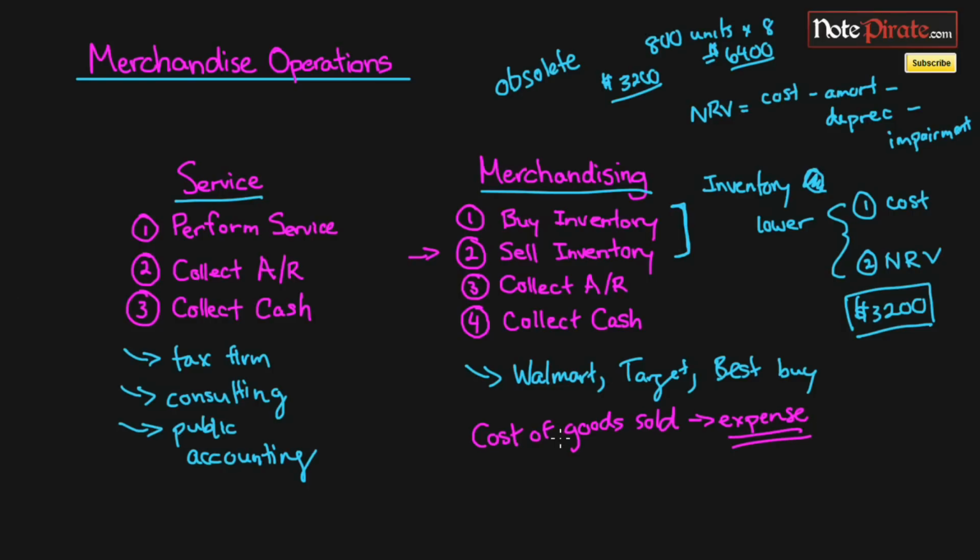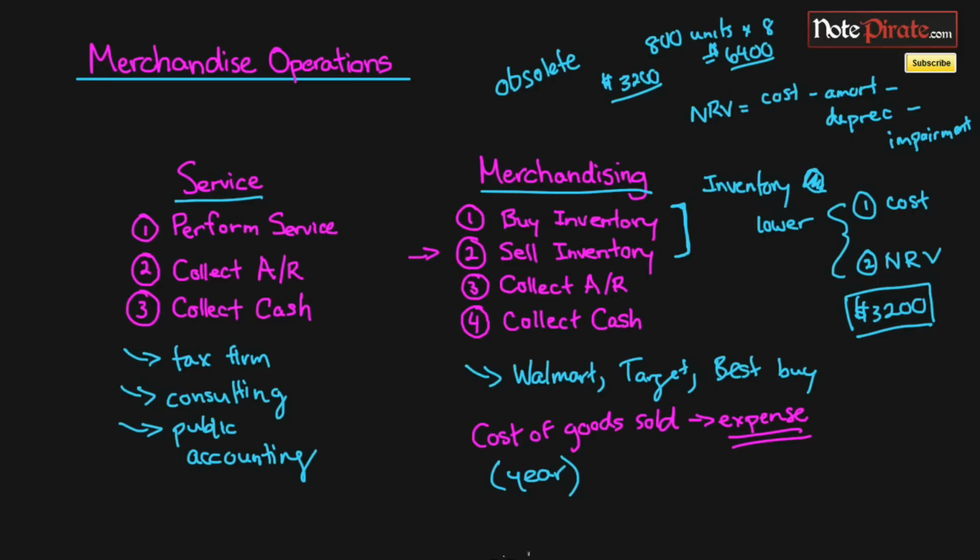It's basically the cost of everything you sell. This account is going to be for the year, because everything on the income statement is a temporary account. So the cost of goods sold is going to determine how much expense there is associated with your inventory. How much inventory have you sold? How much did all of that inventory that you sold cost?